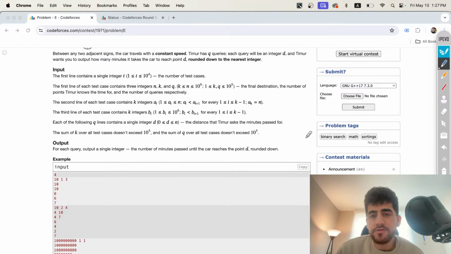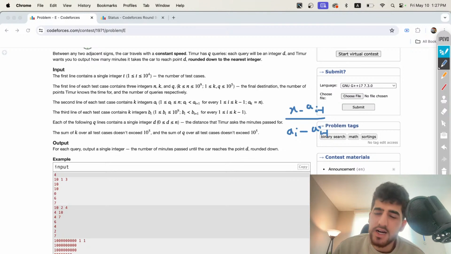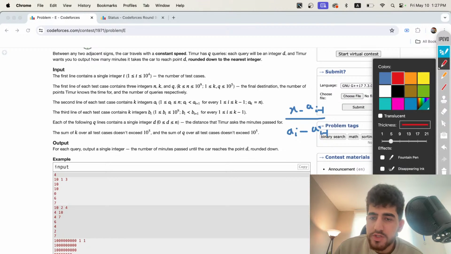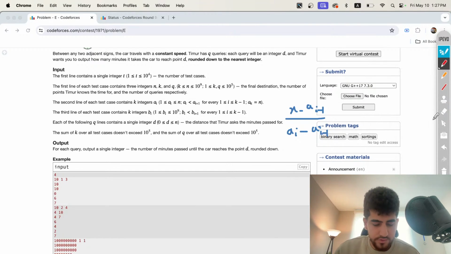So I just need to find out what is x minus a of I minus 1 over a of I minus a of I minus 1. I know that the whole path between these two is a of I minus a of I minus 1, so I want to see what proportion of it I had before x.